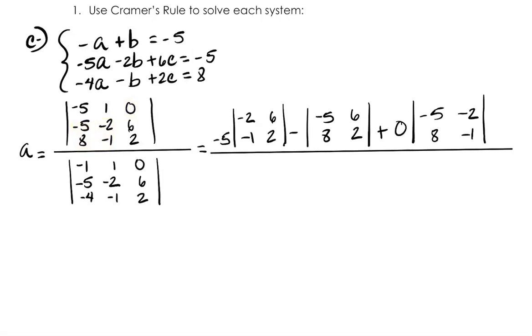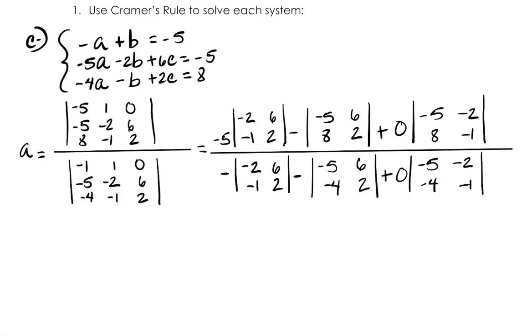In the denominator, we're going to have -1 that multiplies the determinant of these 4 values, minus 1 times the determinant of these 4 terms, plus 0 that multiplies the determinant of these 4 terms.